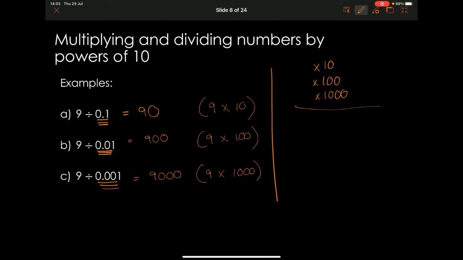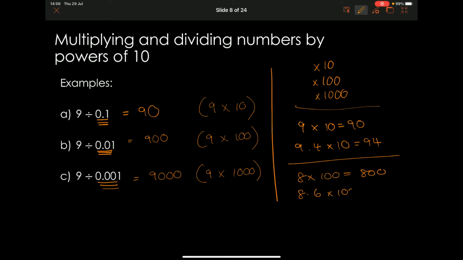If you know that 9 times 10 is 90, or 9.4 times 10 is 94, or 8 times 100 is 800, or 8.6 times 100 is 860, then you'll be fine.